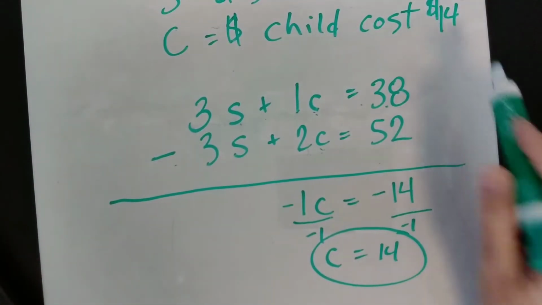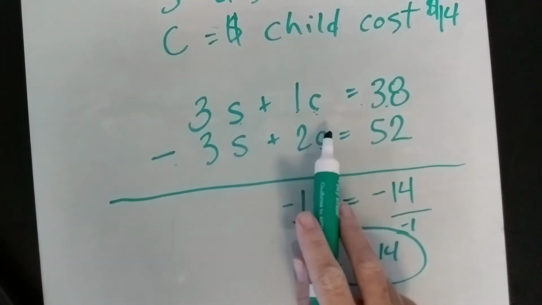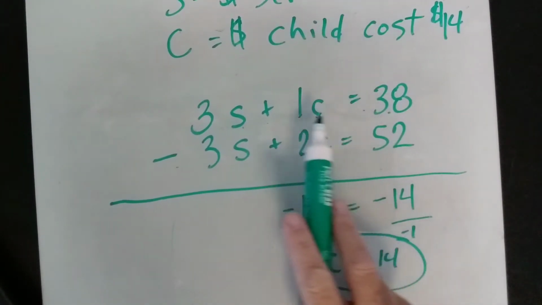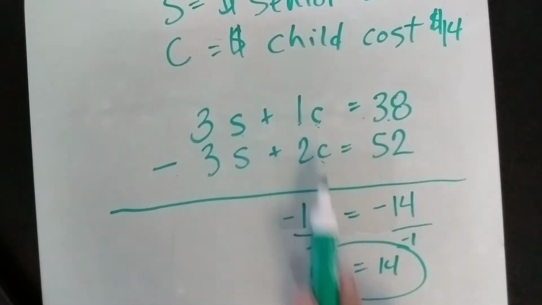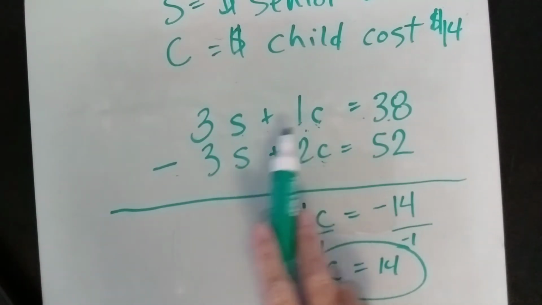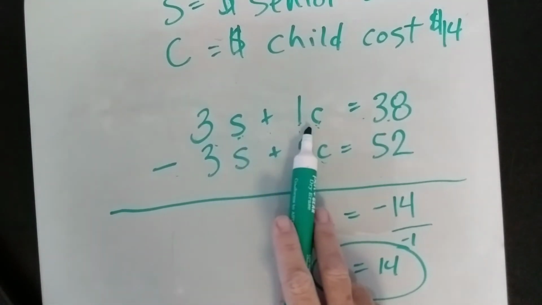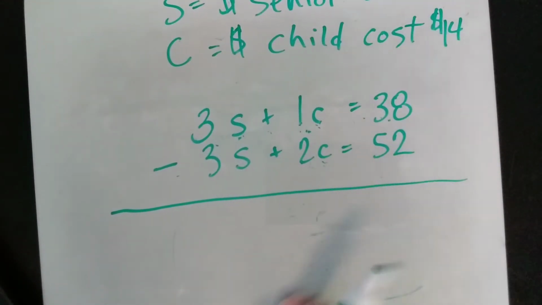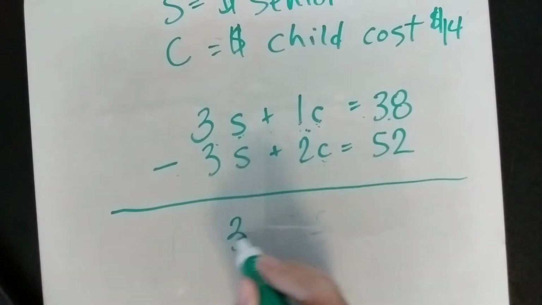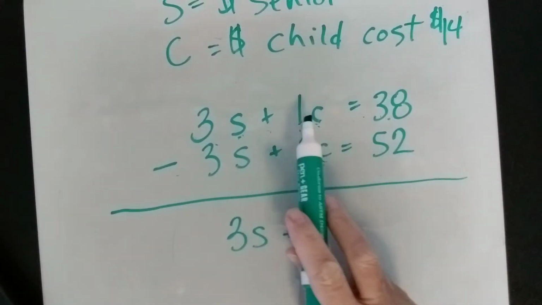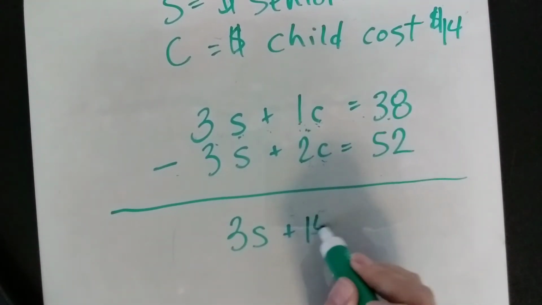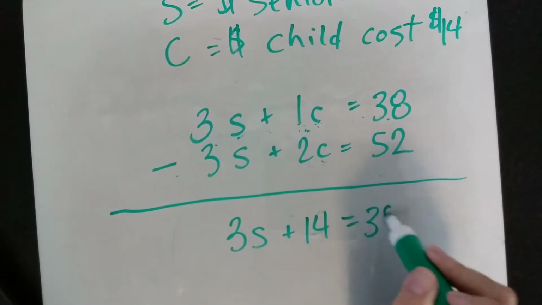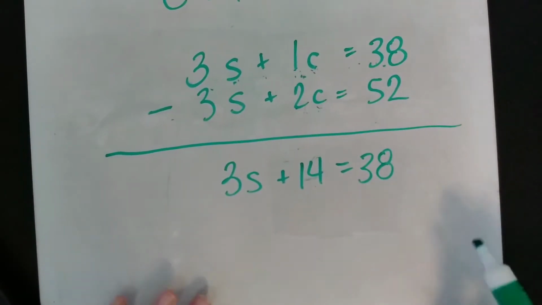And then I need to plug that back into either equation to find out how much a senior citizen ticket costs. So I'm going to plug it into this one, where 3 seniors plus 1 child, which is $14, equals 38. Then I just have to solve this equation.